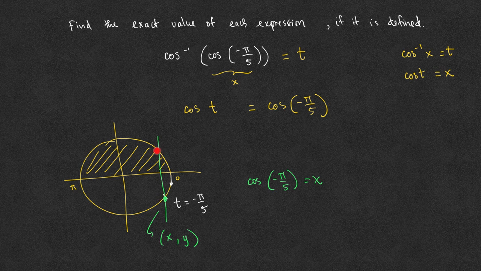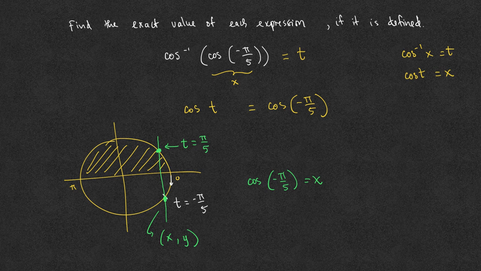There is one up here. The terminal point at this location is in the first quadrant, which is in the restricted domain. The t that we're looking for is in the first quadrant. By symmetry, we see that the t has to be positive pi over 5.